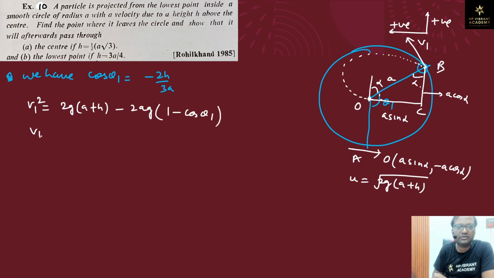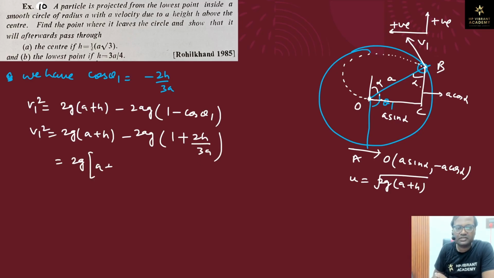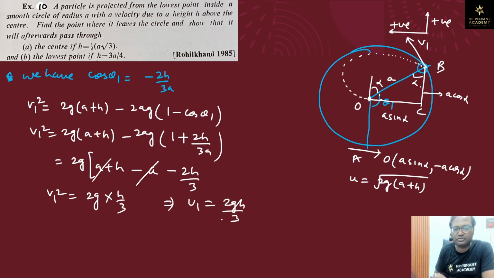So V1 square is equal to 2g(A plus h) minus 2ag(1 plus 2h upon 3a). Taking 2g common, A plus h minus A minus 2h upon 3, so A gets cancelled. So we have 2g into h upon 3 for V1 square. Therefore, V1 is equal to root under 2gh upon 3.